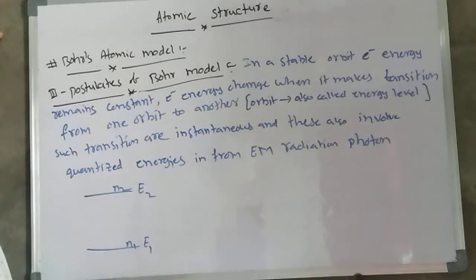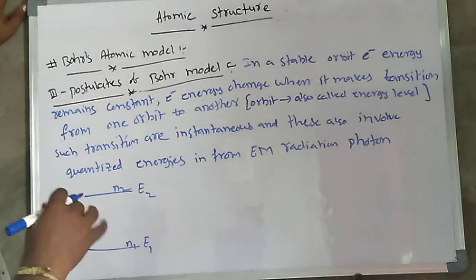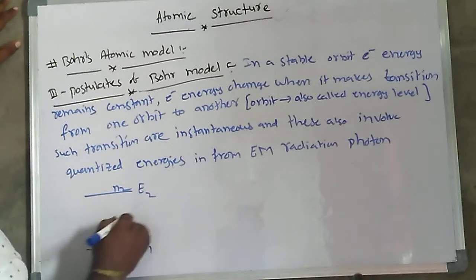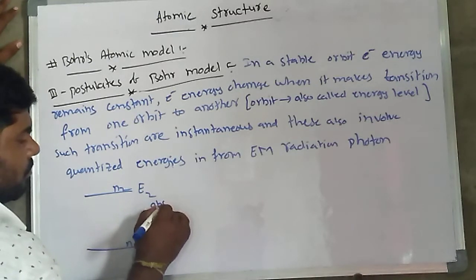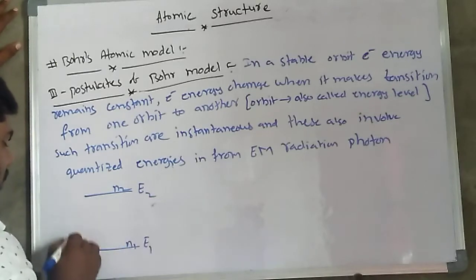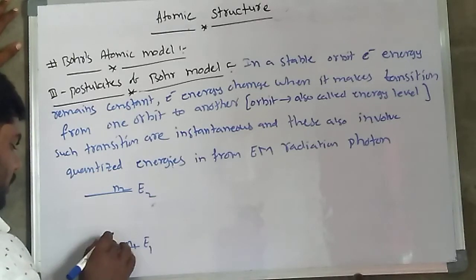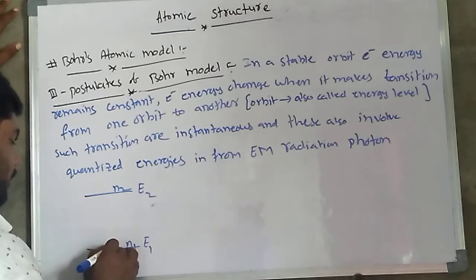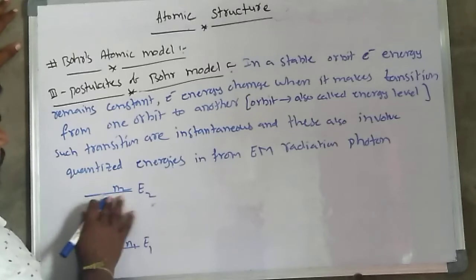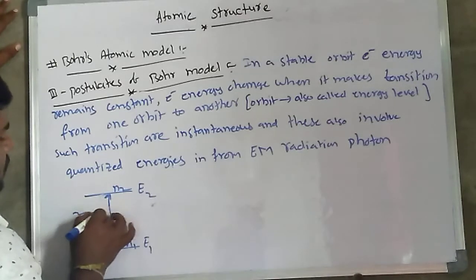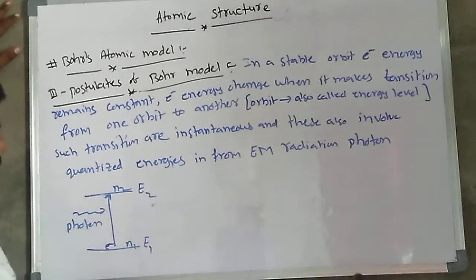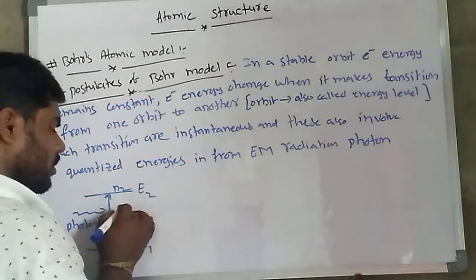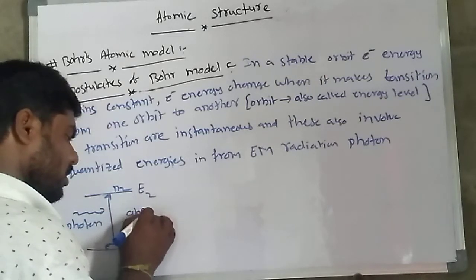Whenever an electron moves from the lower energy level to the higher energy level, energy is absorbed, so one photon is absorbed.